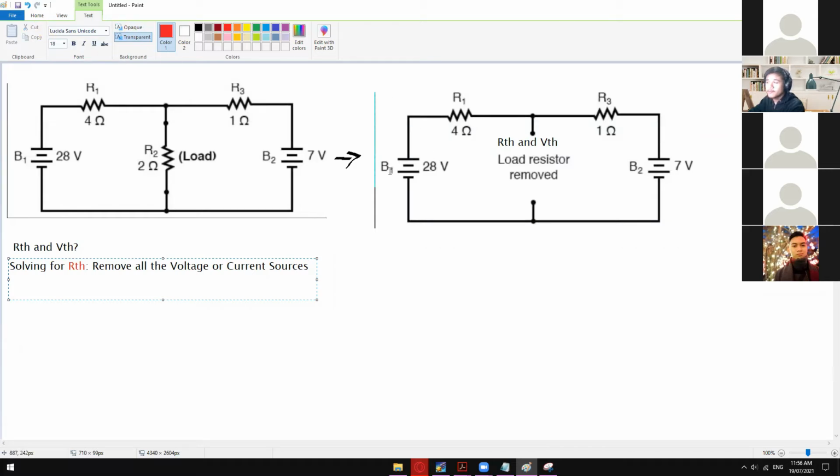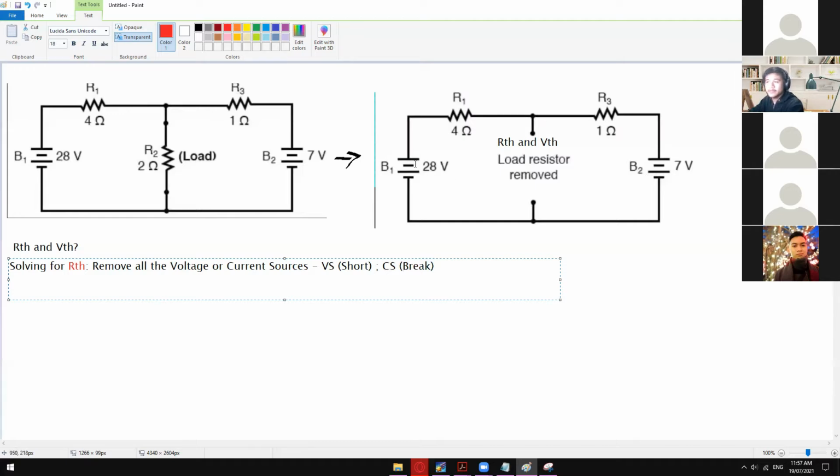So we only have voltage sources, so just remove that one. We actually have the same rule as in the superposition theorem. If it's a voltage source, just short it. And if it's a current source, just break it, or leave it open.